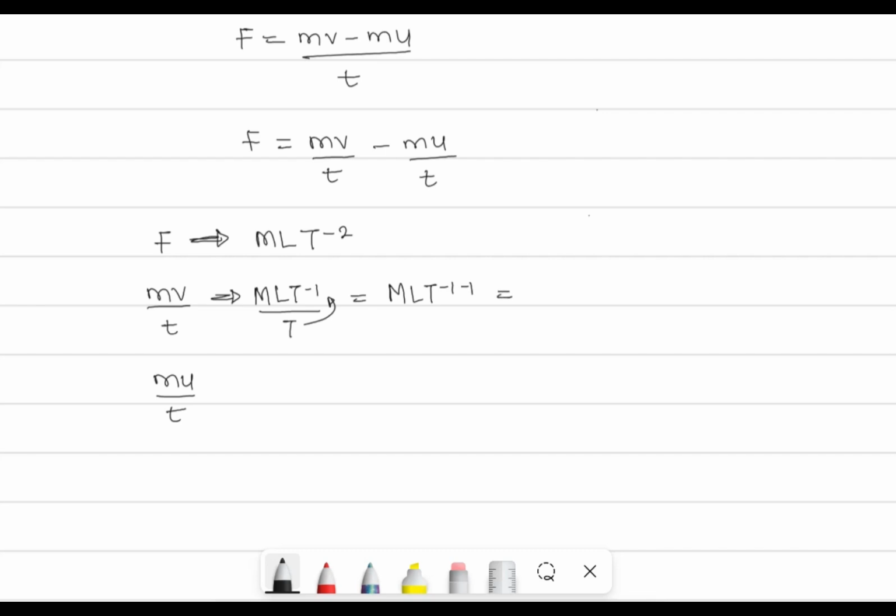And so that will give us MLT^-2. And then again, mu over t gives us m, mass M, u is initial velocity, which is LT^-1, over time, which is T. Eventually it will give us the same thing as the previous one, which is MLT^-2. So these three have the same dimension, and so we can say they are uniform.